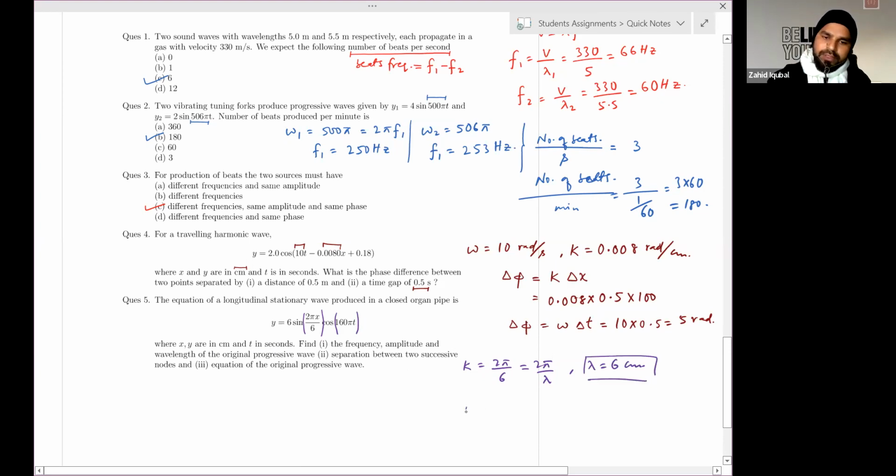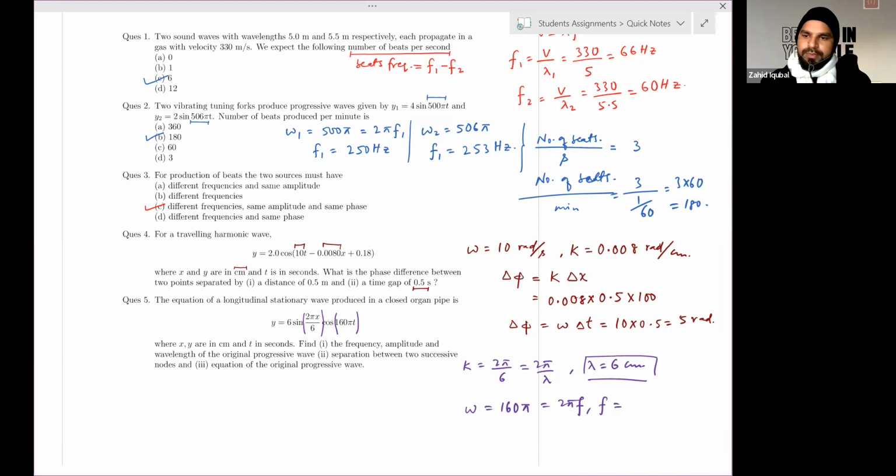The coefficient of t is called omega, which is 160 pi, equated to 2 pi f. So you'll get frequency equals 80 hertz.